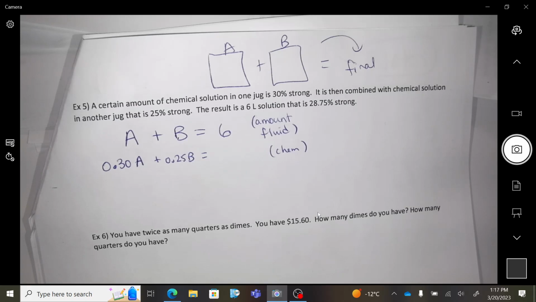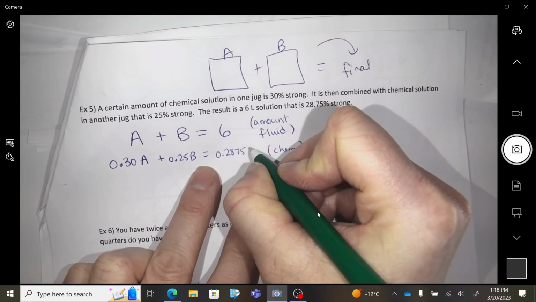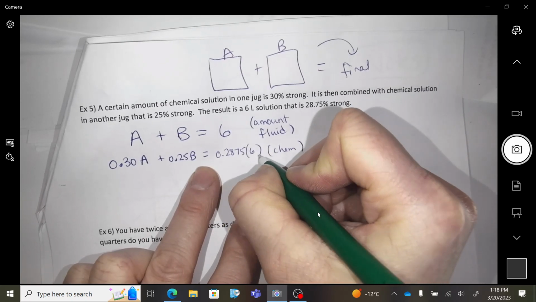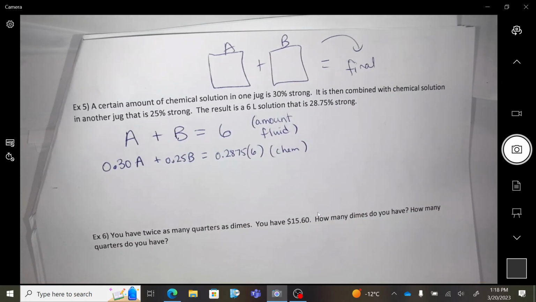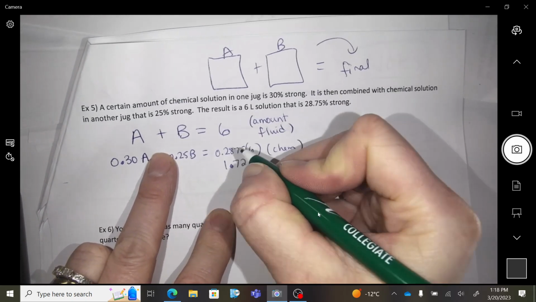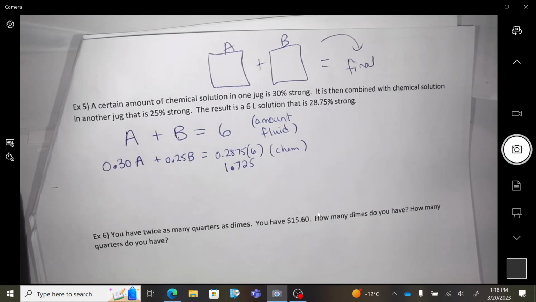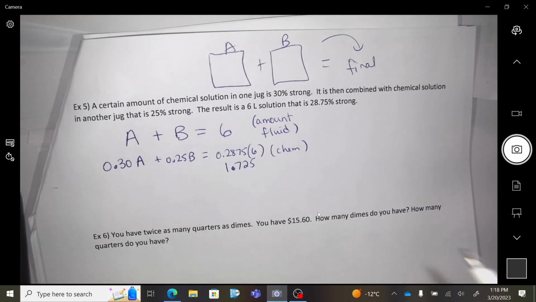And what is the final jug's chemical? 28.75% of 6, which I could actually just get as a number, right? So the chemical ended up being 1.725 liters of chemical in that final 6-liter jug container. But again, I didn't know how much chemical was in A or B.